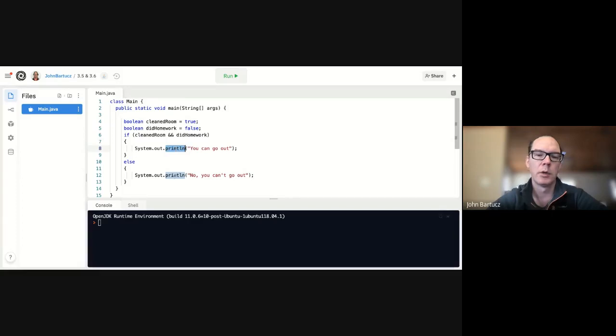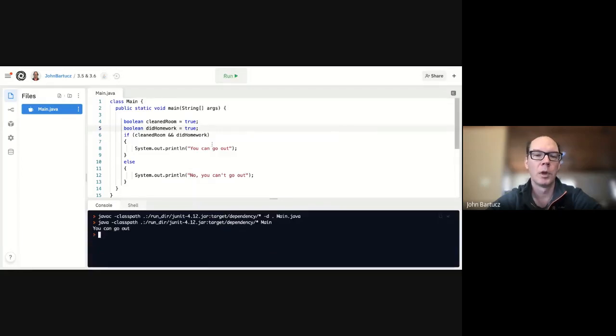Otherwise, no, you can't go out. So depending on how we set cleaned room and did homework, you're going to print out different things. So if both of them are true, then you can go out.